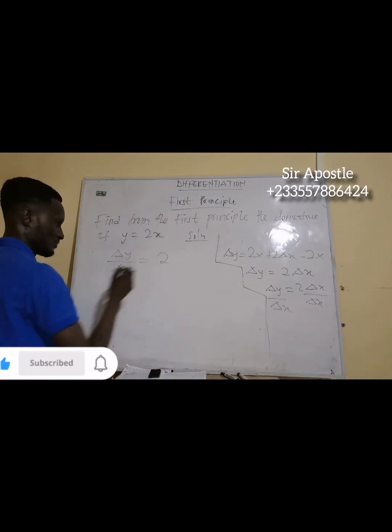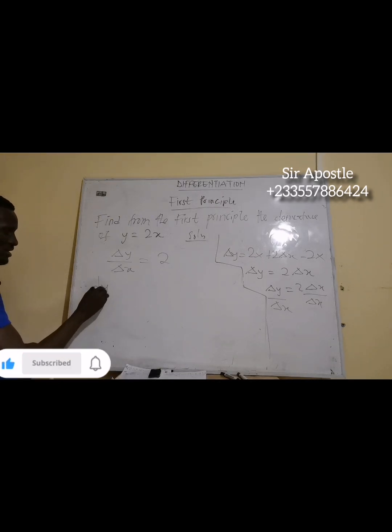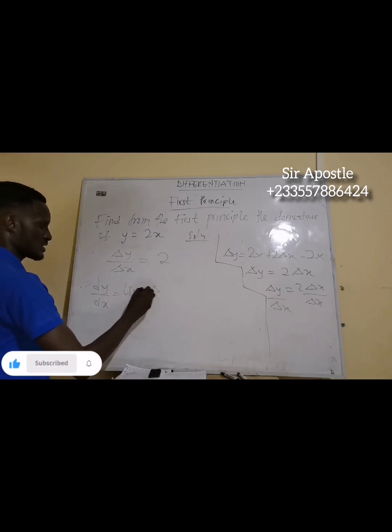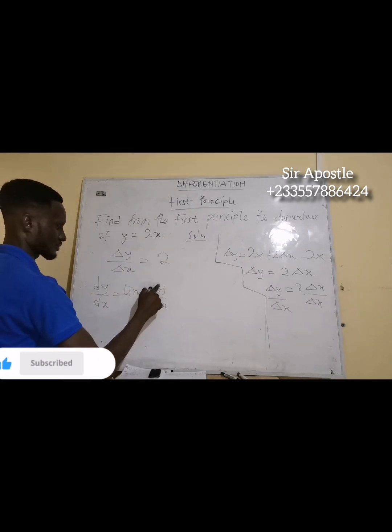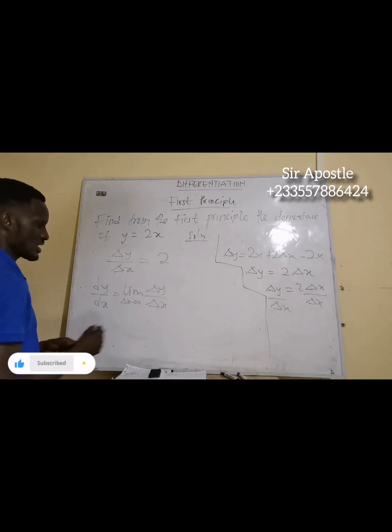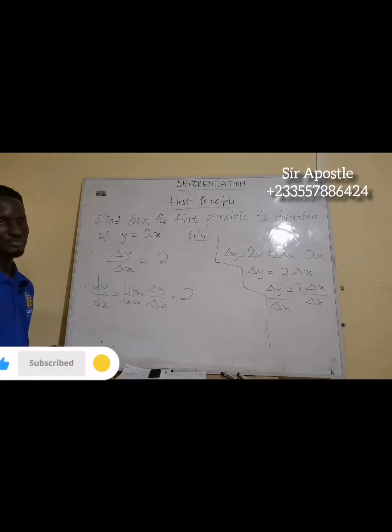We're going to get 2. So this one is so simple. You know that, therefore, dy/dx is the same as the limit of change in y over change in x, where the change in x is approaching 0. And this one is the same as what? The same 2. You understand?